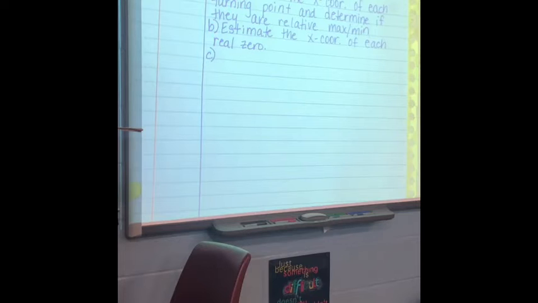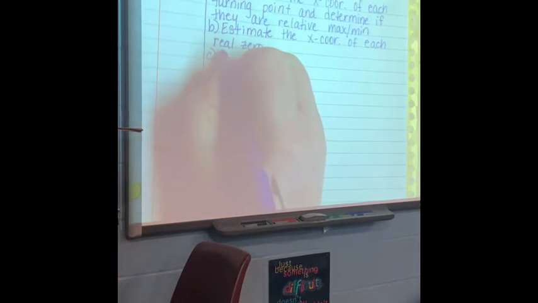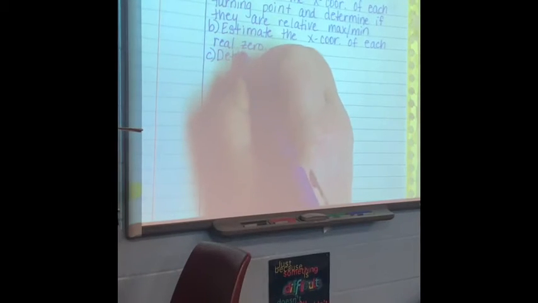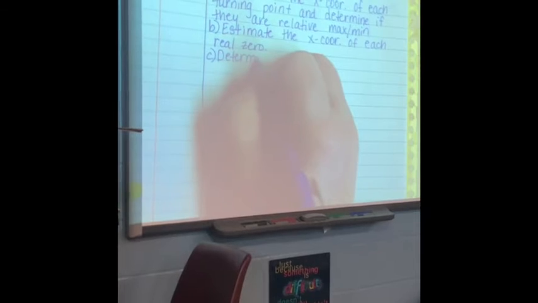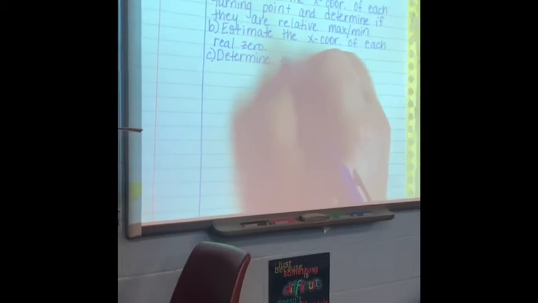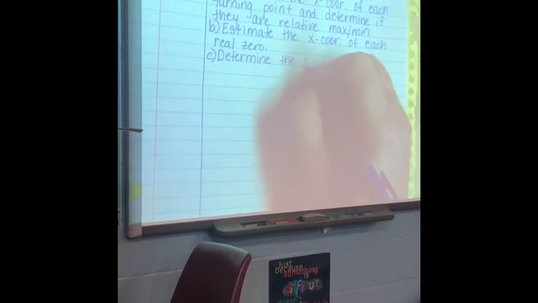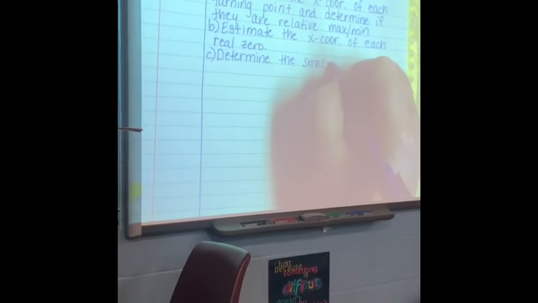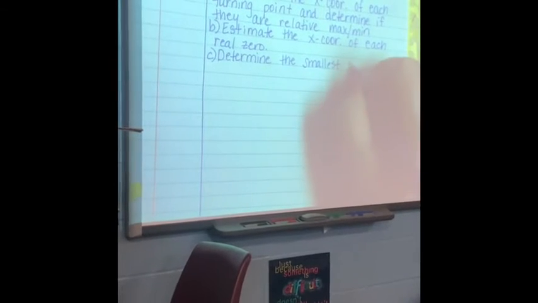Okay, they're probably not asking you for anything real small. For C, you're determining the smallest possible degree of the function. So this is where that turning points plus 1 is going to come into play.